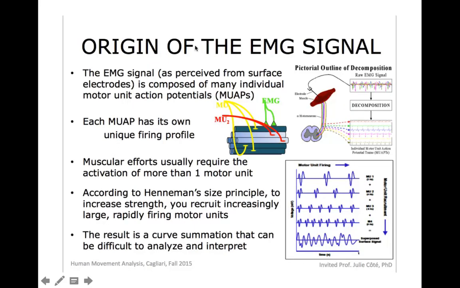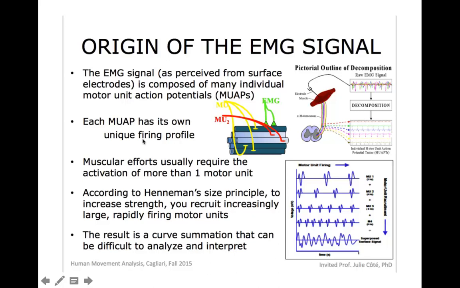The origin of the EMG signal, as we discussed before. So we've talked about a single motor unit, but now when you put an electrode on skin or into a muscle, you actually are measuring many individual motor unit action potentials because the probe or the sensor or the electrode is acting in many ways like an antenna. And so, as you know, if you have mixed signals and you have an antenna present, it's going to pick up the mixed signals.